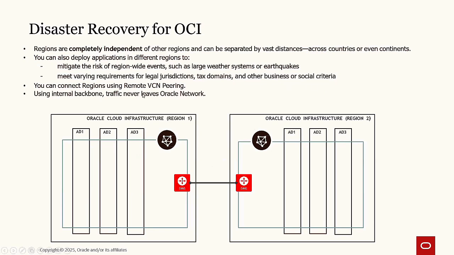You connect your regions using remote virtual cloud network peering, which we do through our DRGs, and they are very easily set up. In theory, you can set these things up, and you're encrypted from beginning to end. You can create a single virtualized network that operates from one data center to another pretty cleanly.